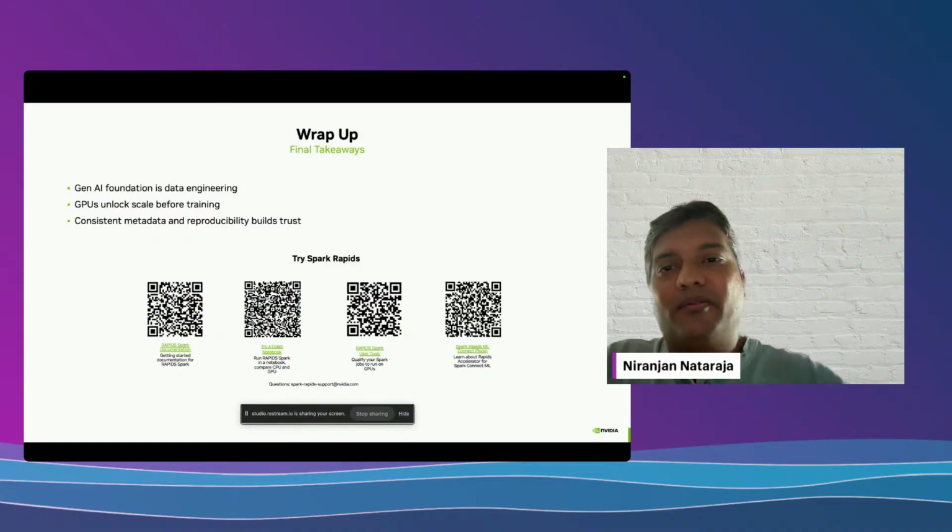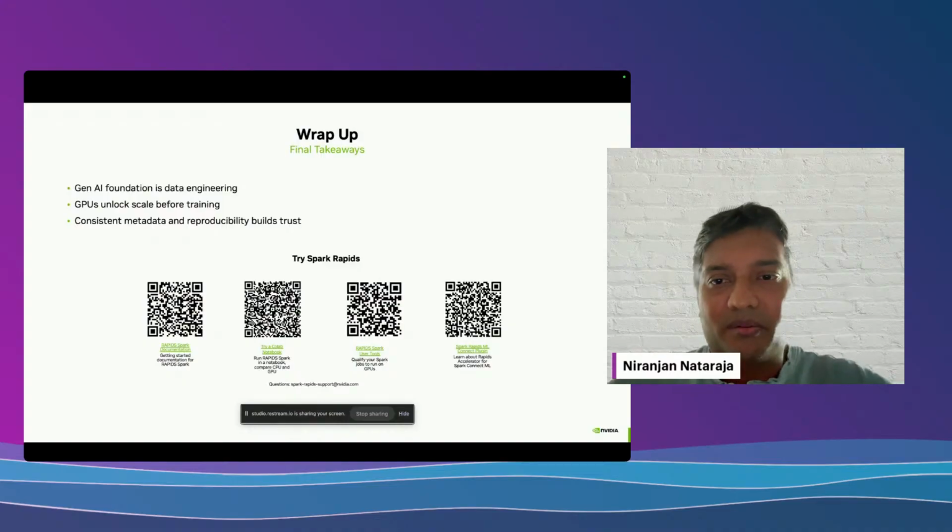Okay, so finally, we have looked into the architecture. We know where Spark Rapids will help, where Delta Lake will be useful for GenAI workloads. We know that GenAI foundation is data engineering, and we want to unlock scale before training using GPUs.